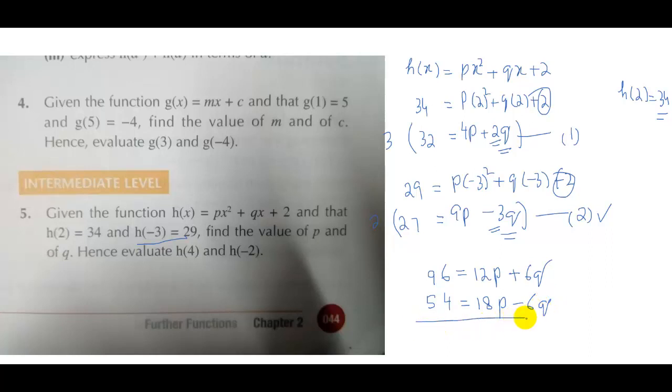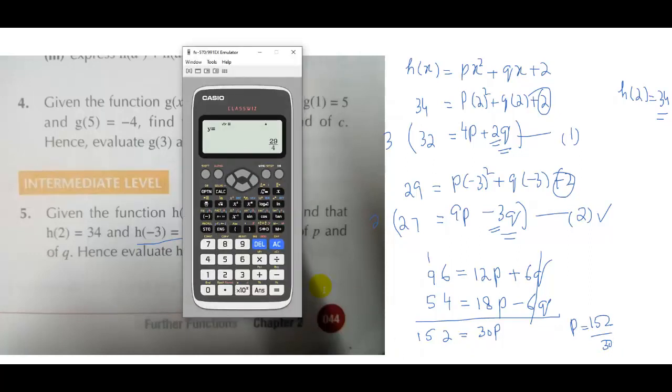Now we will add both of them. These will be cancelled out because plus 6 and minus 6. And 30p is equal to 150. So let me check from the calculator what is the answer.